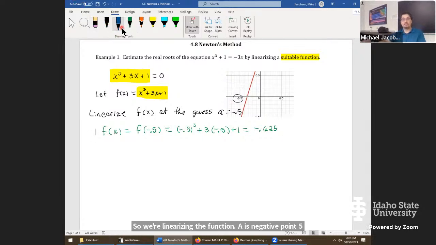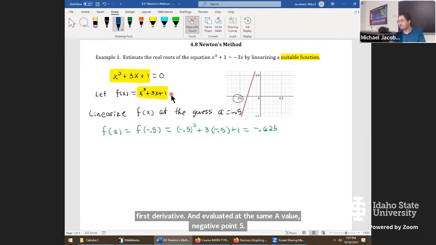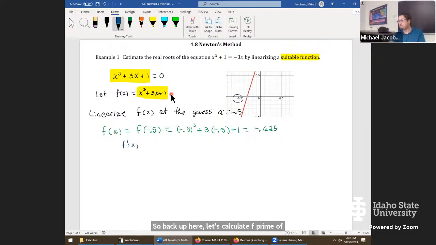Next thing we need to do is calculate the first derivative and evaluate it at the same a value, negative 0.5. So back up here, let's calculate f prime of x. This will be 3x squared plus 3. The constant 1 goes away. And so now we'll calculate f prime at negative 0.5.